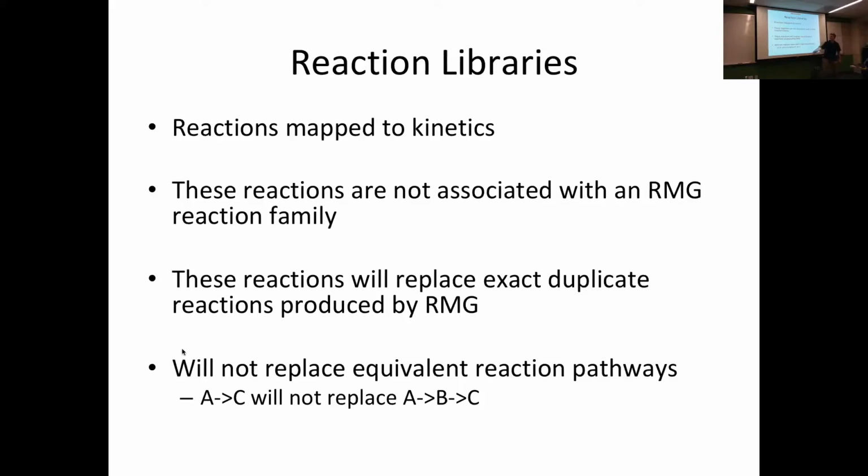What's important to think about, as I was talking about before with that question, is that if you put in some reaction A to C in a reaction library that really is a representation of a pathway, multiple transition states, RMG will not recognize that it needs to replace the pathway A to B to C. And so you'll end up with both pathways, which I think our term for it is magic reaction, because they don't have a transition state.